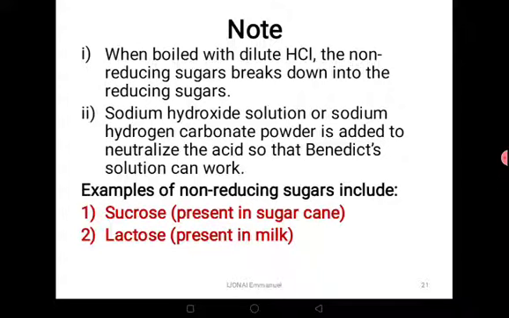So let's explain other facts of the test here. When we boil this solution with dilute hydrochloric acid, what are we doing? We are actually breaking down the non-reducing sugars into reducing sugars. We are trying to break down, for example, sucrose into glucose and fructose.